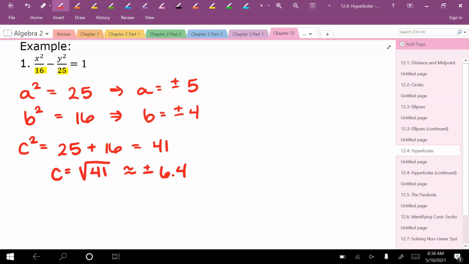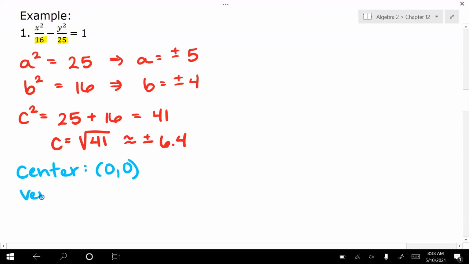All right, so let's start identifying our vertices, our co-vertices, and our foci. Now remember, these are all centered at the origin, so if you need to, you could always just put down that your center is 0, 0. Now vertices. Vertices on the right-hand side says that we do 0 and then plus or minus our a value, which we found up above here to be 5. So again, to write those out as two coordinates, we would have one be at 0, 5, and the other one would be 0, negative 5.